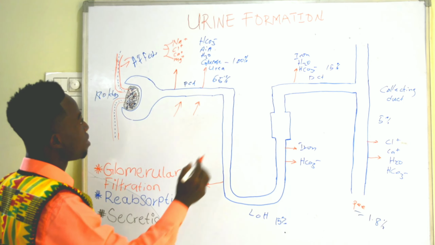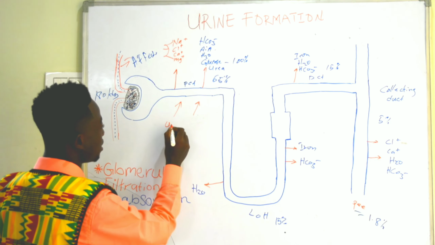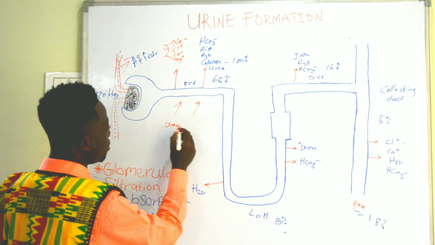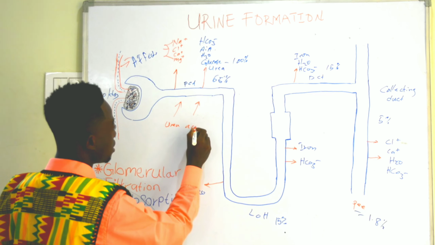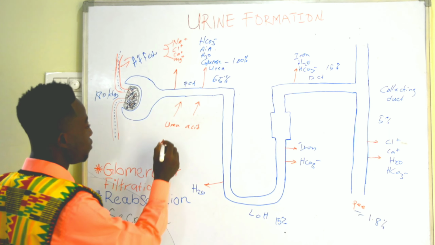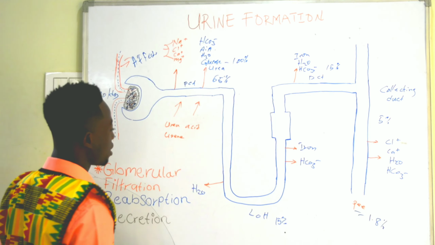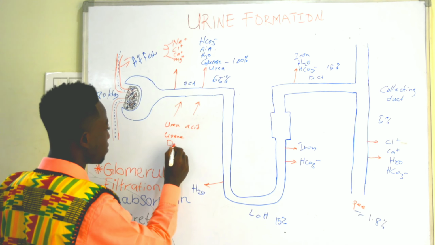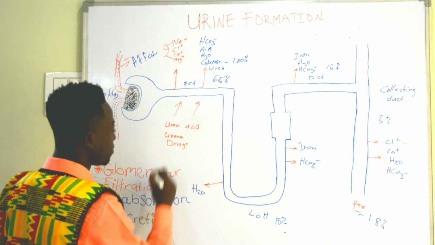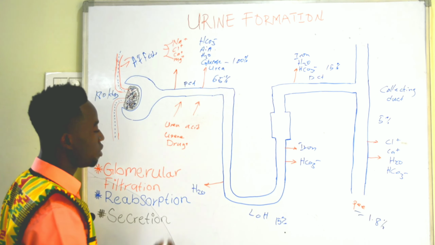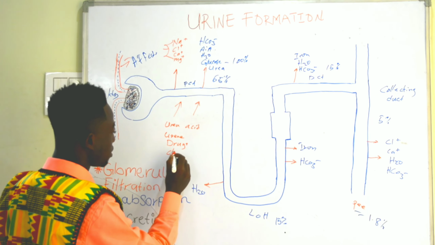So within the proximal convoluted tubule here we get uric acid, and then we have urea, we have some drugs, we have creatinine.